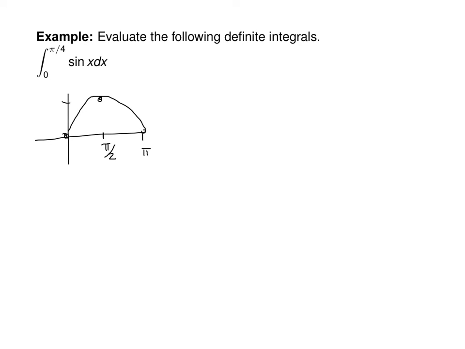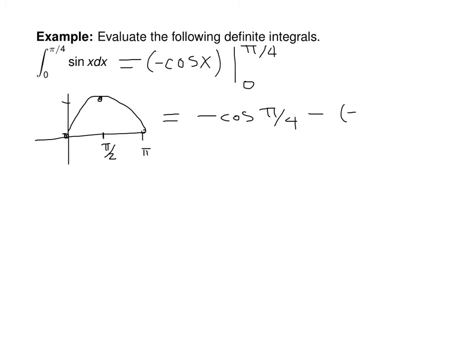So we should get a positive number for this. So an antiderivative for sine is negative cosine of x, evaluated from 0 to pi quarters. So first you plug in pi quarters, we get negative cosine pi quarters minus negative cosine of 0. So that's negative root 2 over 2 plus 1.